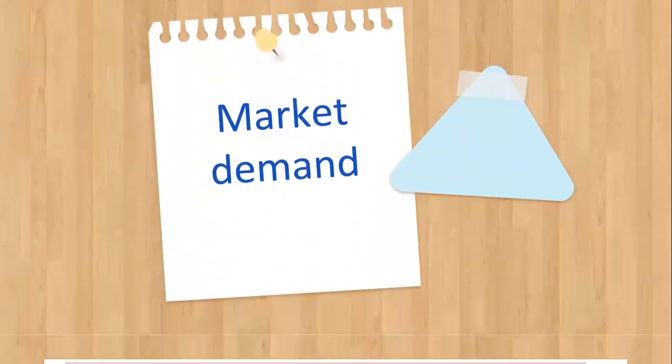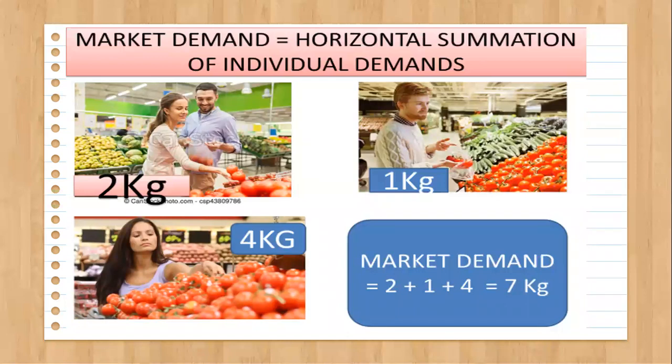So this is your individual demand curve. Coming to the market demand, we have already talked about individual demand. Market demand is the horizontal summation of all individual demands, which means that at one particular price, how many units different users are willing to purchase. You can see that he is willing to purchase 2 kg, he wants 1, and she wants 4.